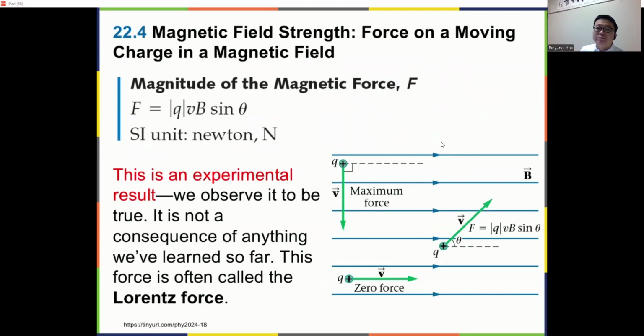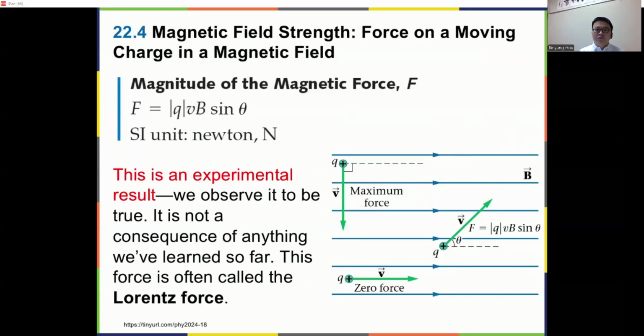If you have charged particles moving in a magnetic field, then there's a magnetic force on the charged particle, and it turns out to be proportional to the charge of the particle, how fast it's moving, and the magnetic field strength, which is called the B field. B field for magnetic field, E field for electric field. That's the symbol commonly used for magnetic field.